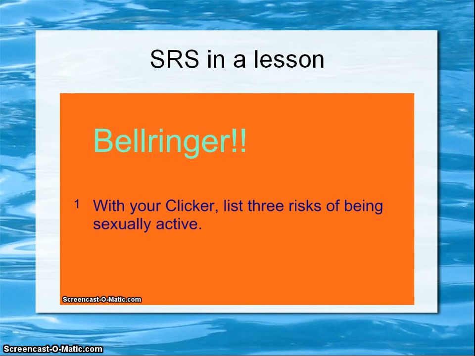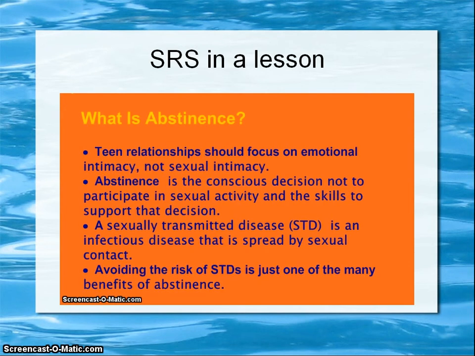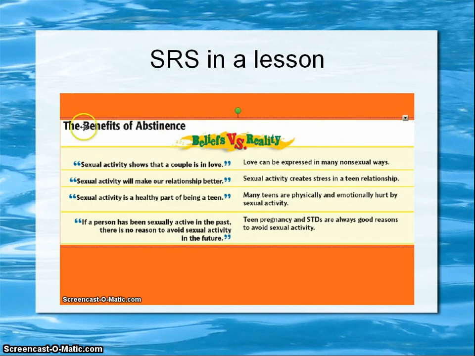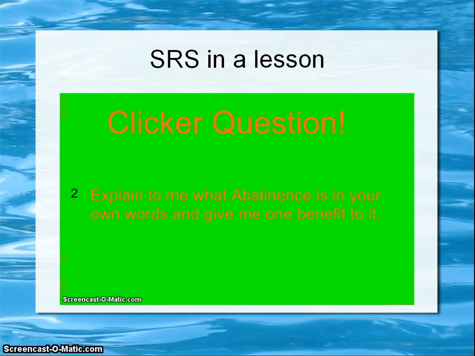After we've talked about the bell work, we move on, and I start lecturing about abstinence, what it is, what a sexually transmitted disease is, and we move past to what sexual contact entails, and finally we talk about the benefits of abstinence, beliefs versus reality. After this, I've posed another question which they need to answer in the clicker system.